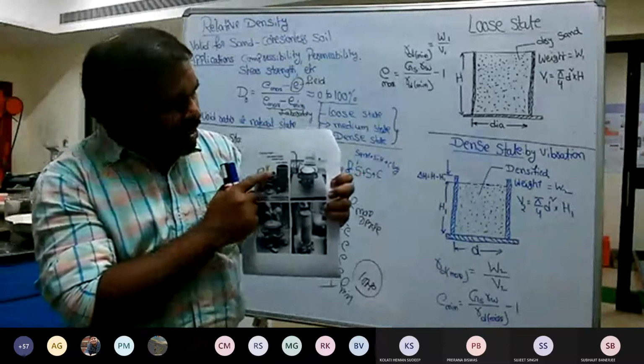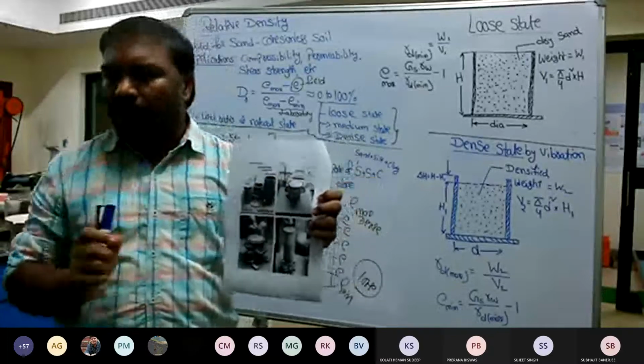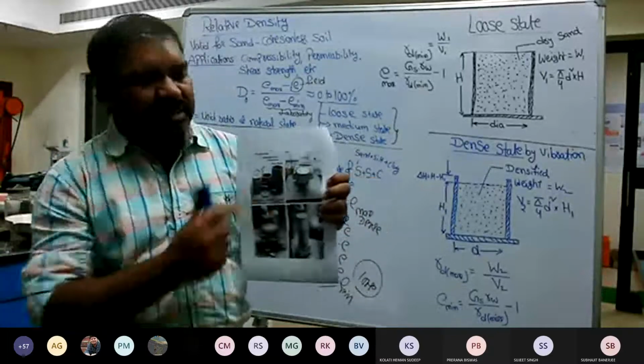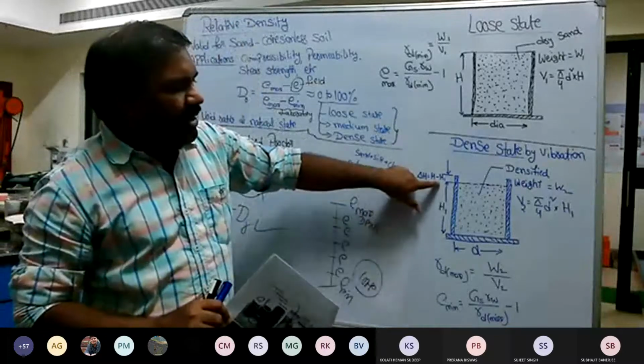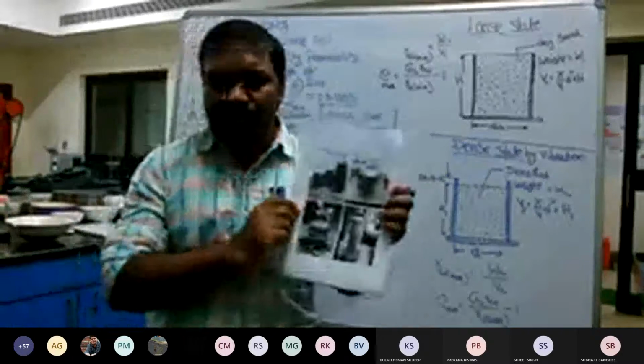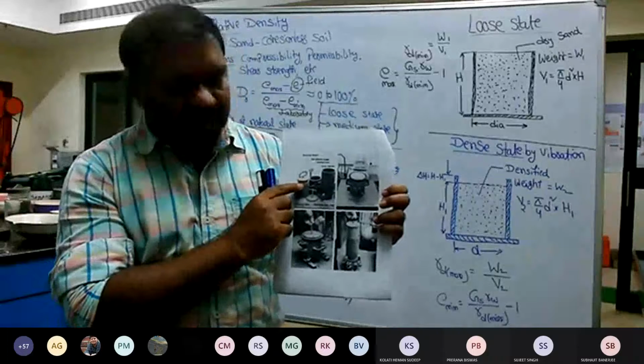Now what I will do is, once I have accomplished the step of filling, I will measure its height. That will be recorded as the initial height. Then on top of the mold, I will put the surcharge weight.